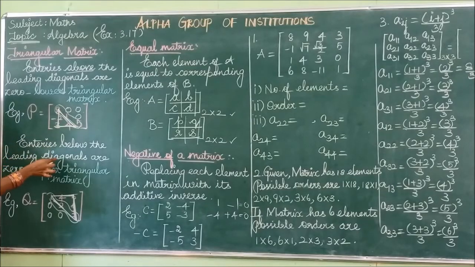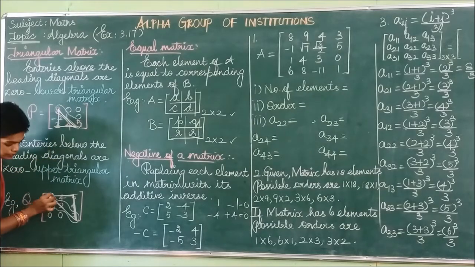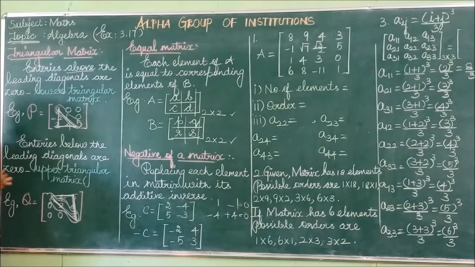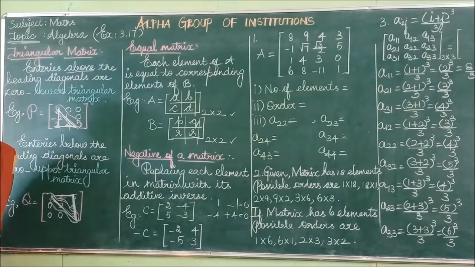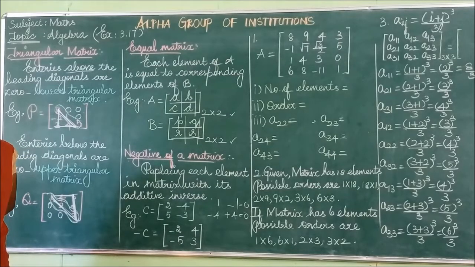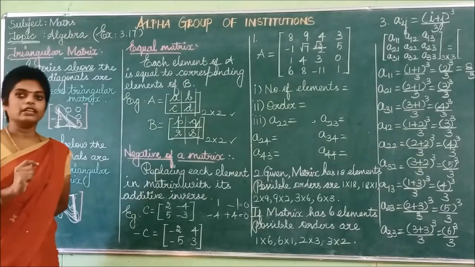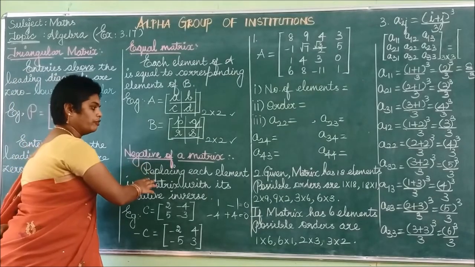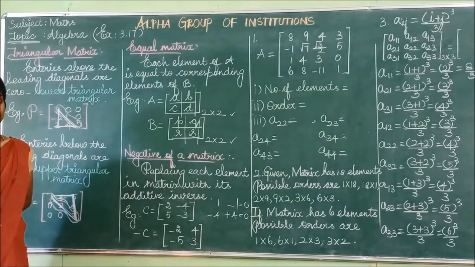Entries below the leading diagonal are 0 is called an upper triangular matrix. Then equal matrix: any two matrices of equal order are called equal matrices. Then negative of the matrix: you write the negative value for each and every element.